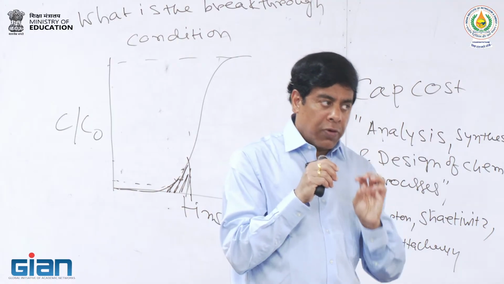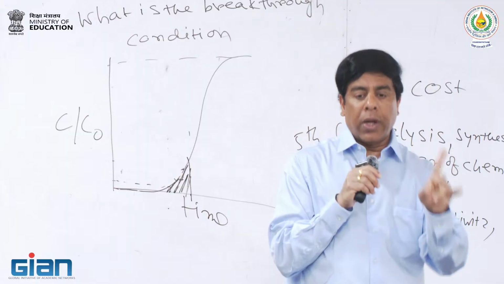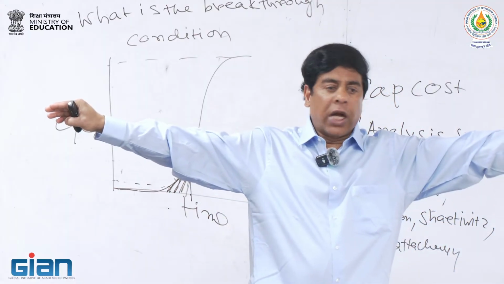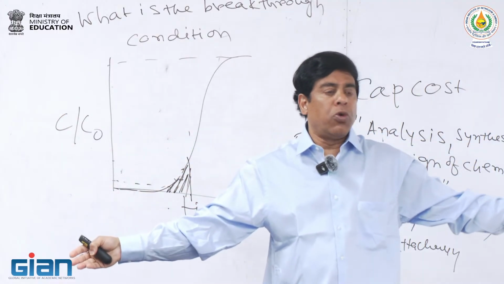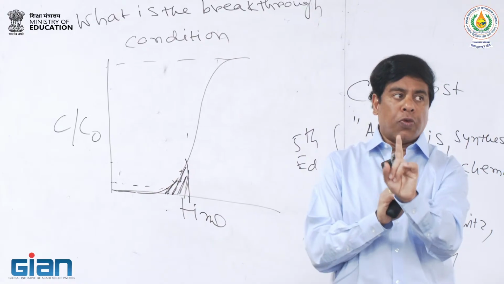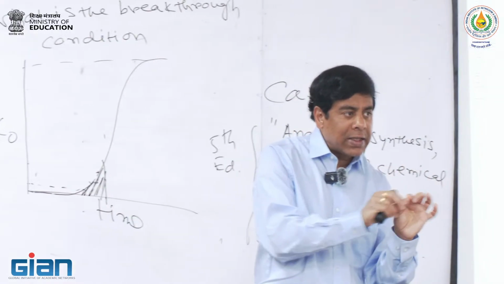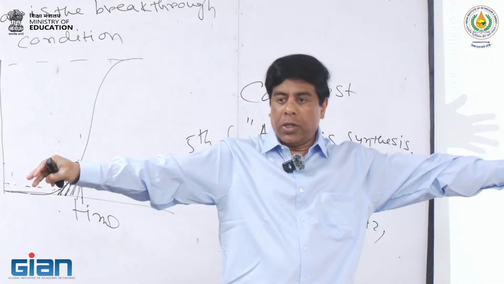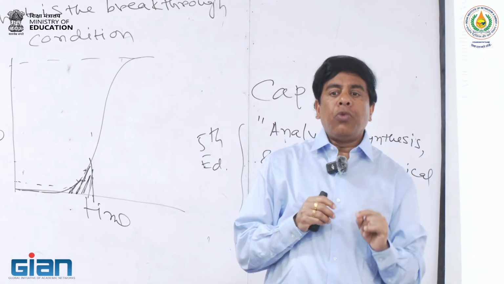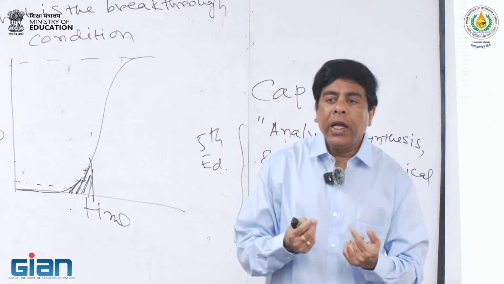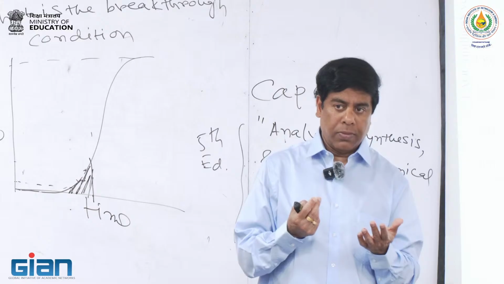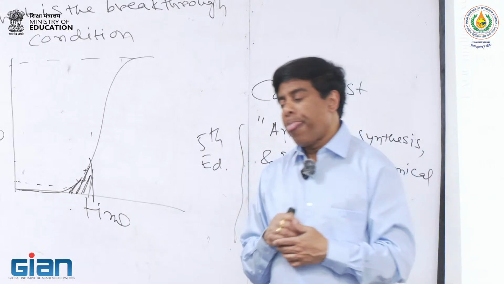I'll be very slow, so let's ensure that we listen carefully here. If I give you a bed of a fixed dimension, if you send less flow through that bed, I need more parallel beds in adsorption because I have to handle so much flue gas. The amount of gas that I need to handle is constant. So through a single bed, if I send less, I need more parallel beds, right?